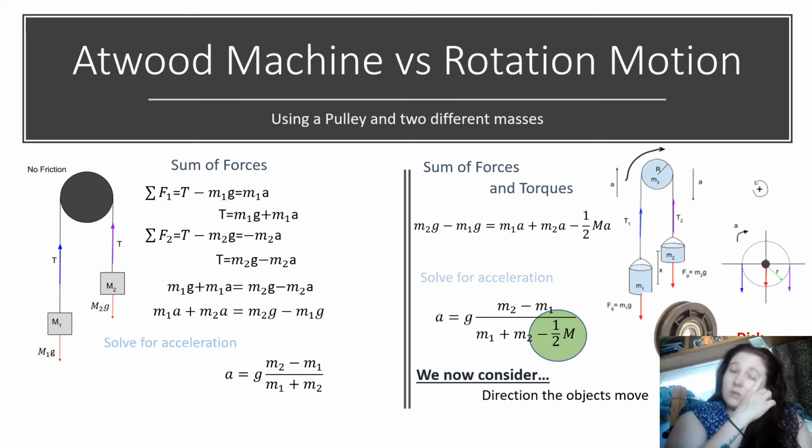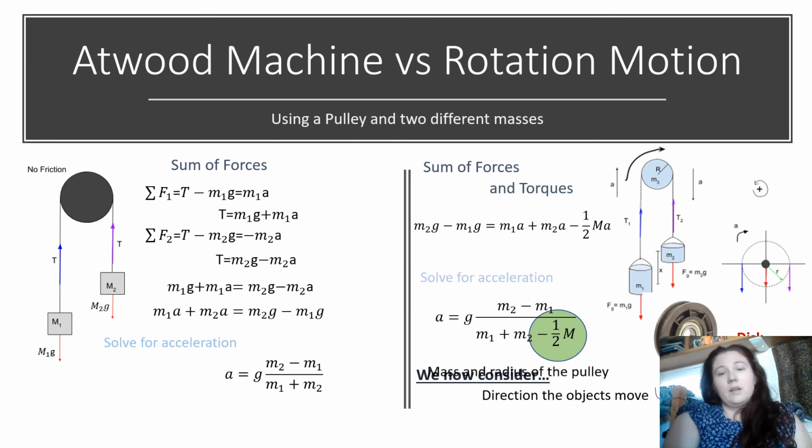We need to know the direction that the objects move, and that is when we use torque. If the direction is moving counterclockwise, it's positive. If it's moving clockwise, it's negative.